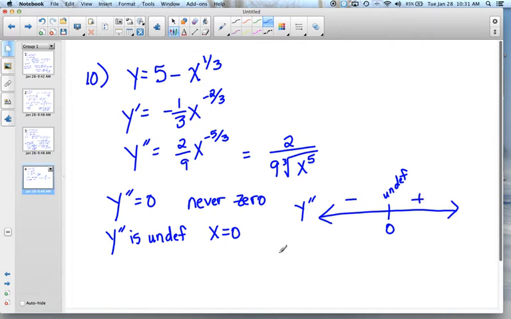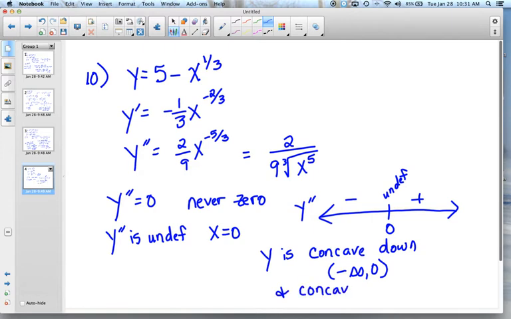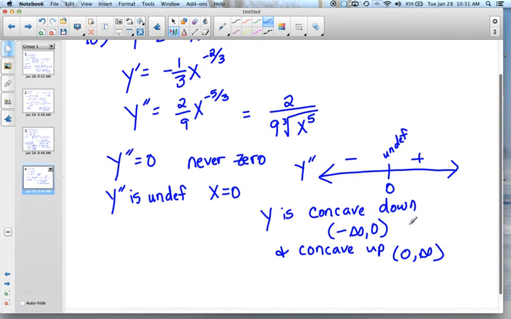So that tells me that y is concave down from negative infinity to 0, and concave up from 0 to infinity.